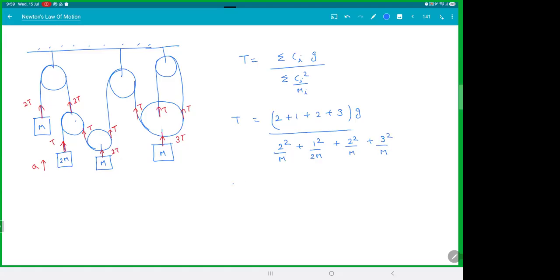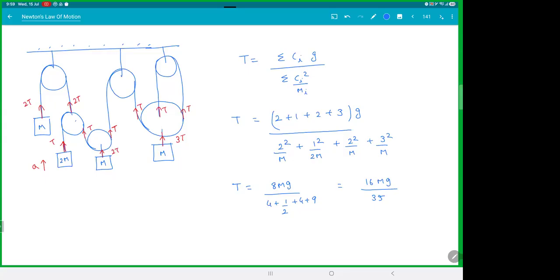Check. That would be 2 plus 4, 5, 8, 8 mg divided by 4 plus half plus 4 plus 9. Yeah, that looks bad. That would be 16 mg by 35.